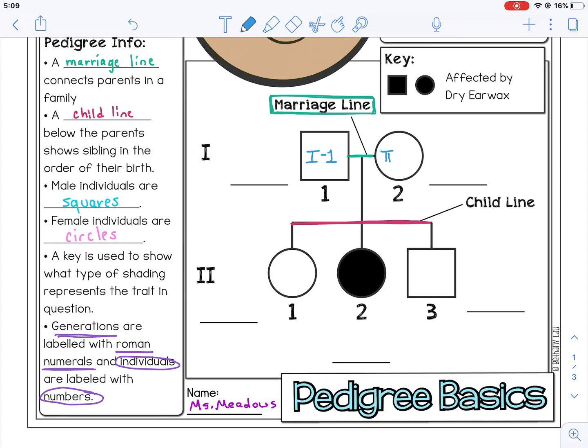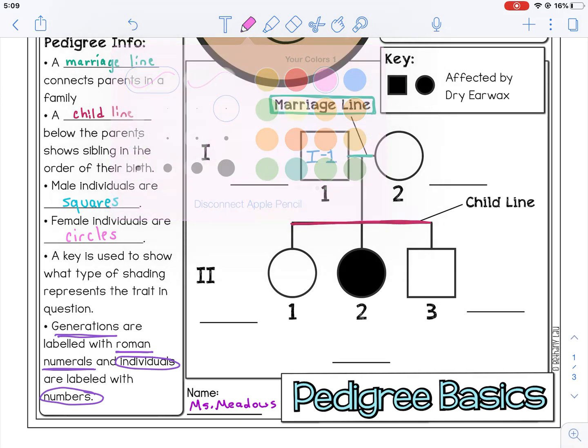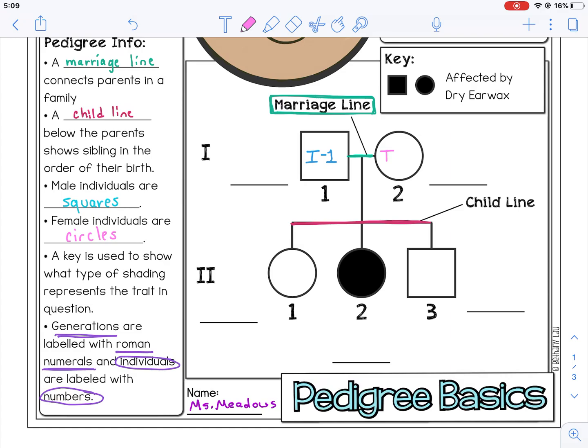This person would be Roman numeral I dash 2. You try it with the bottom row.